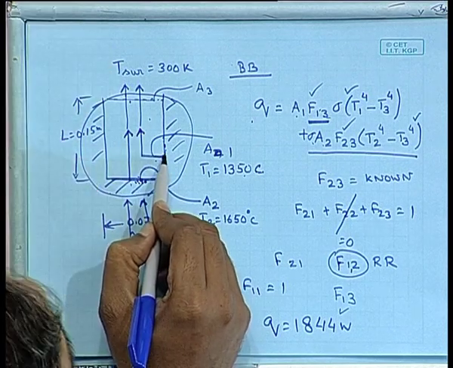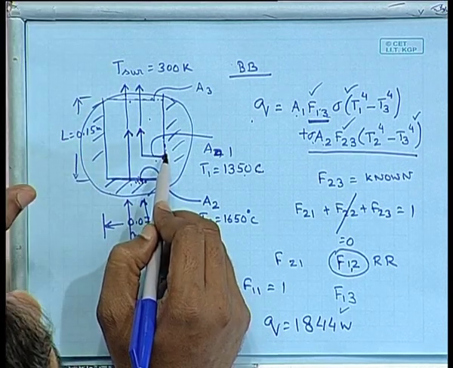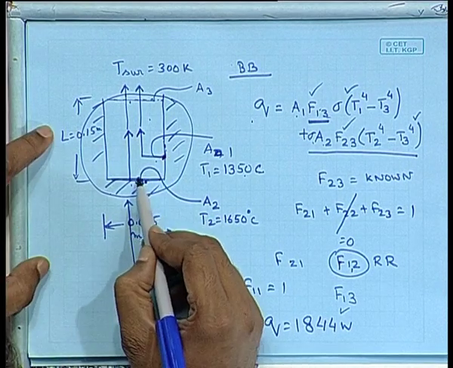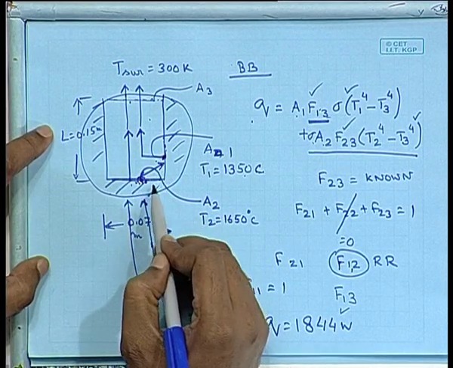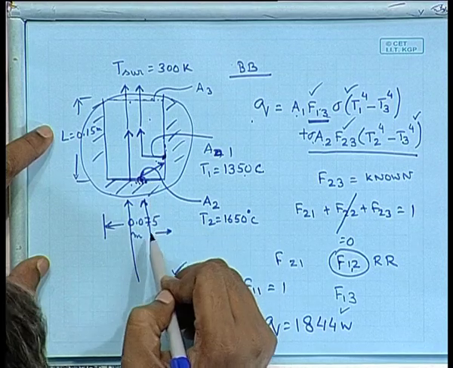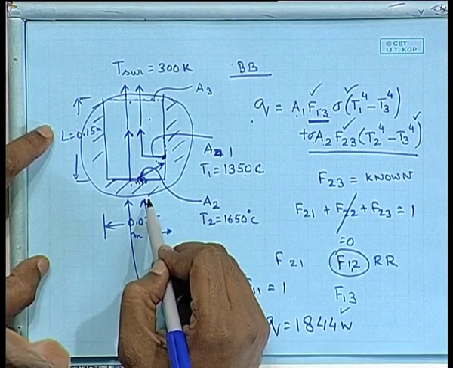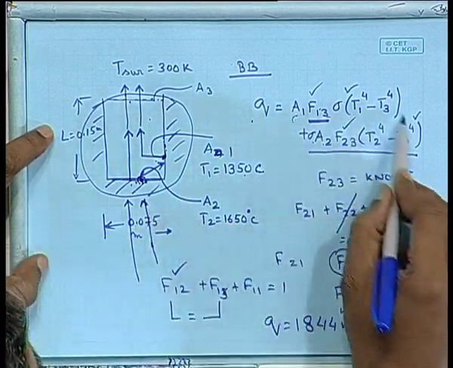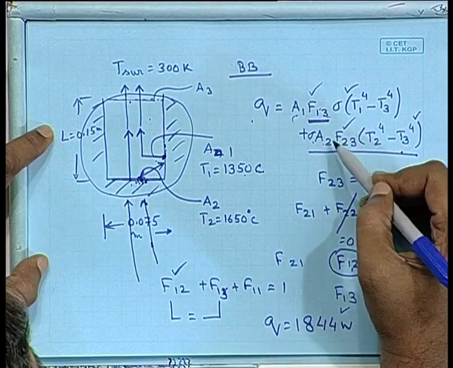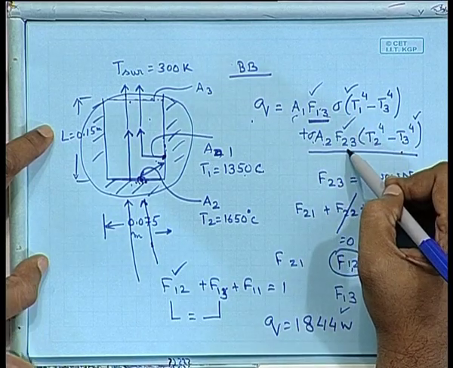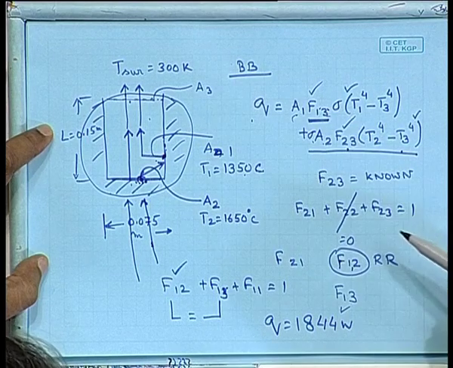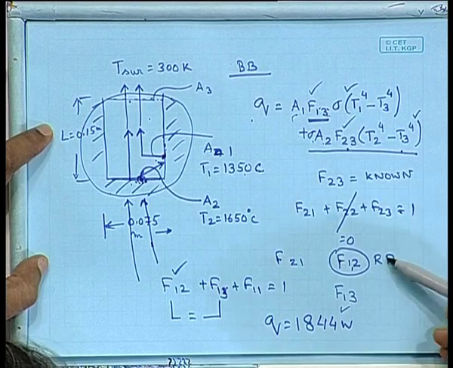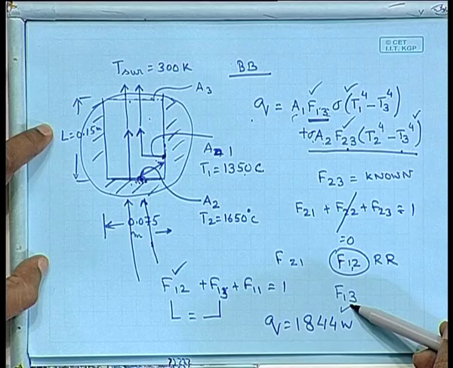I use the same relation, putting the proper value of the view factor. The interaction between these two is unimportant as far as the amount of energy added from outside is concerned. I use this relation, where F23 is from the chart and F13 is from summation, reciprocity and symmetry. Okay, that's how you evaluate these things.